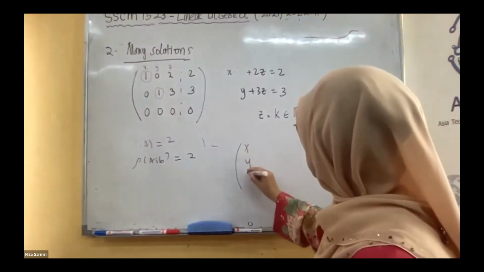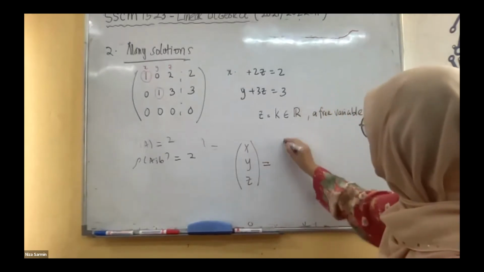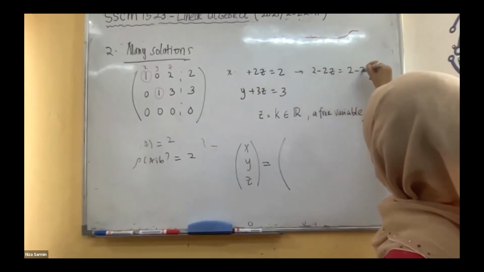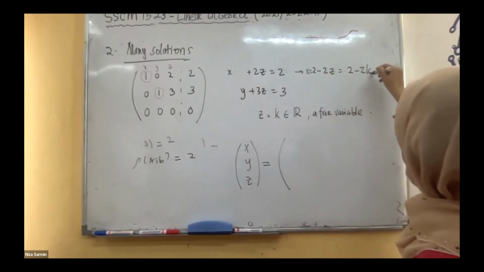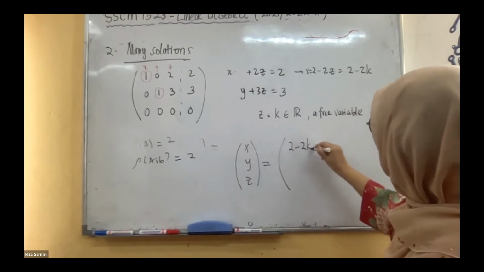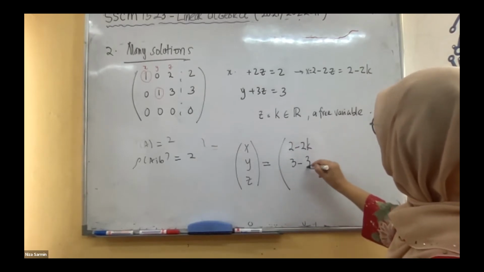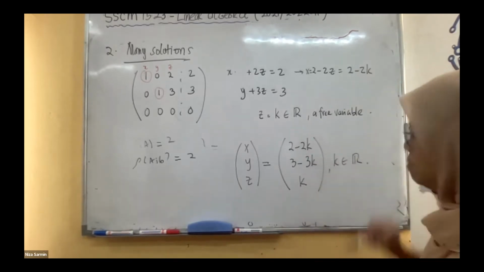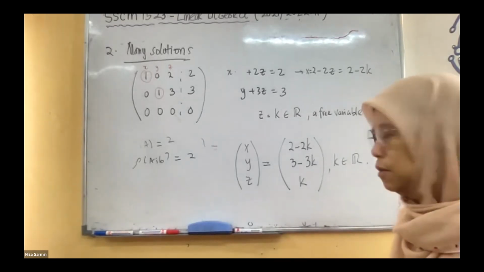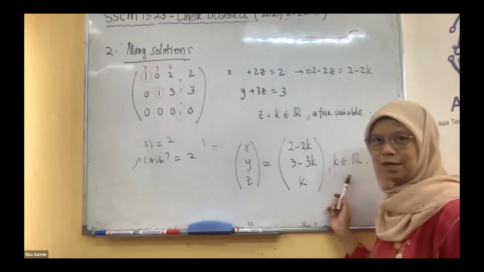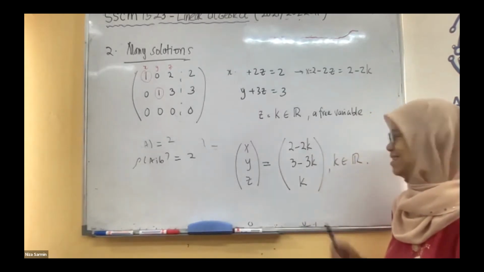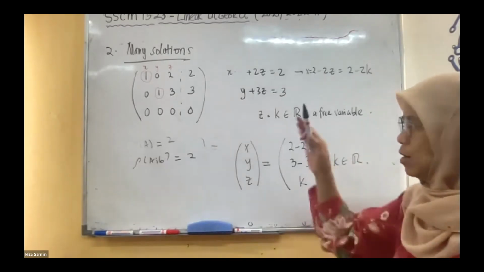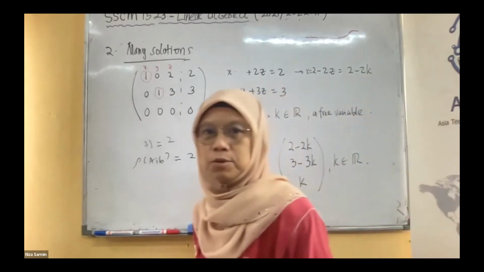So x, y, z equal 2 minus 2z, so 2 minus 2k, 3 minus 3k, and then k. Remember to state k is in R, because k can be any real number. We strictly put our matrices for real and not complex for chapter 2.